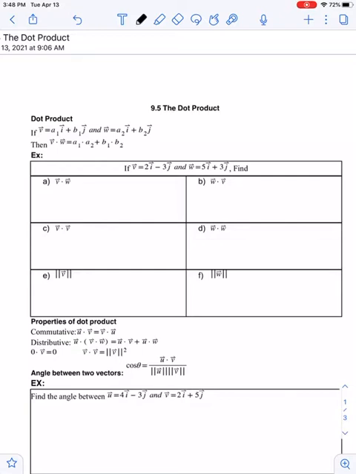But anyway, we're going to do 9.5, the dot product. And again, this is like multiplying. The dot product is you just multiply them, so you multiply the i's together and the j's together. The first one here, we have vector v times vector w.